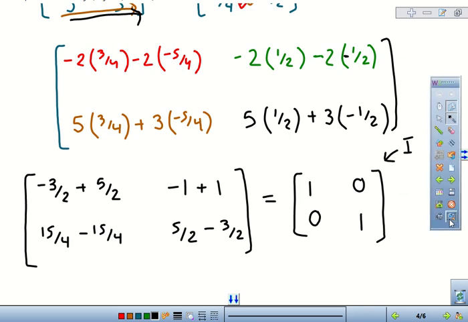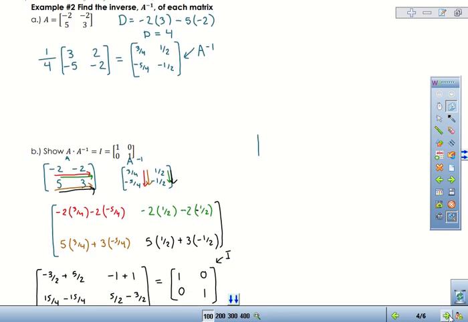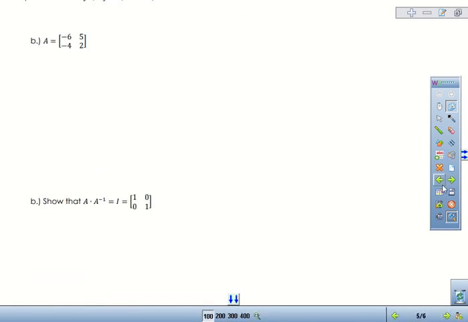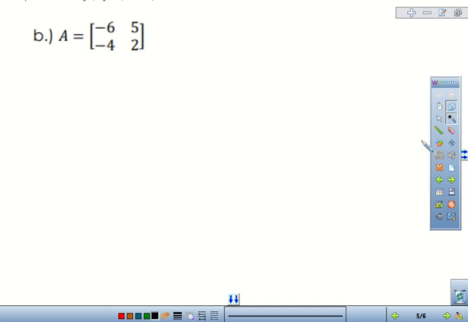Okay. So for the next one, we're going to do the same thing we just did. It's just another practice problem. I'm going to do this whole problem with you, part B, and then I'm going to have you try to confirm the identity on your own, and then I'll show you the steps. So first thing we've got to do is find the what?